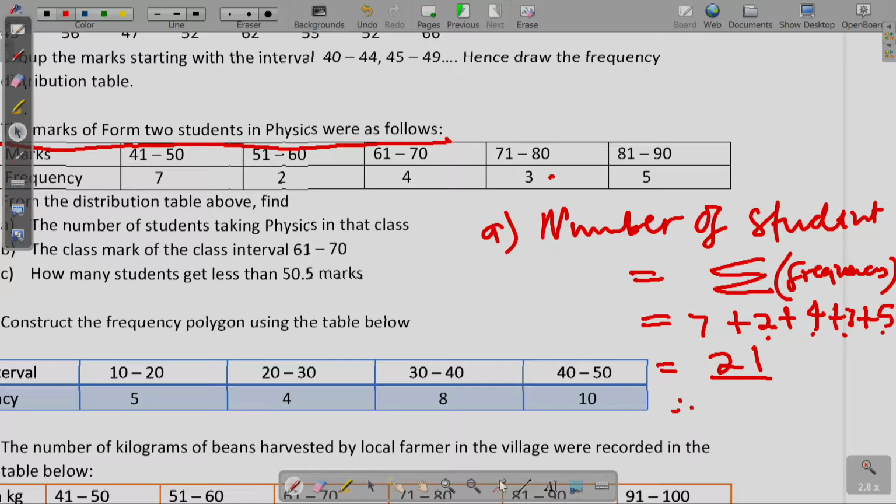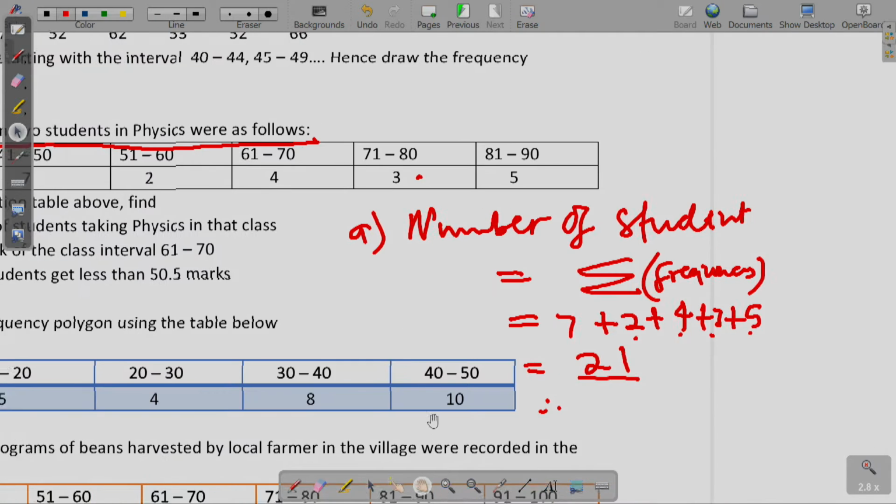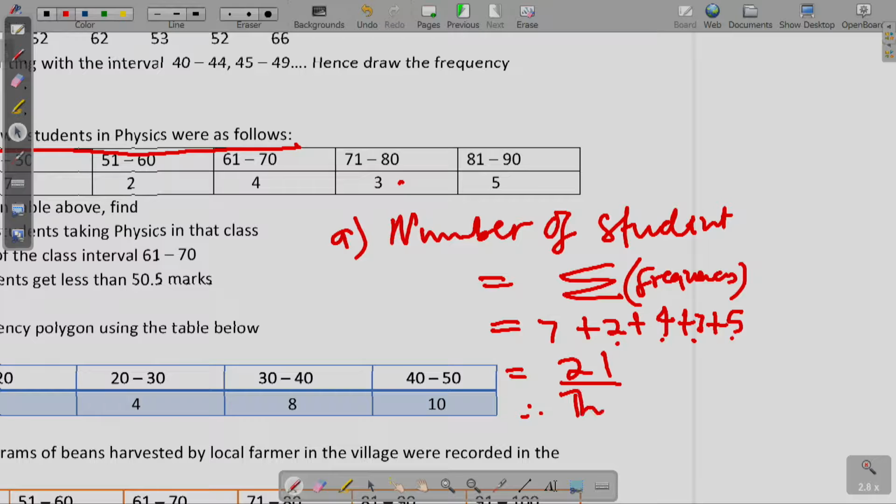Therefore, the number of students taking physics in the class is 21.